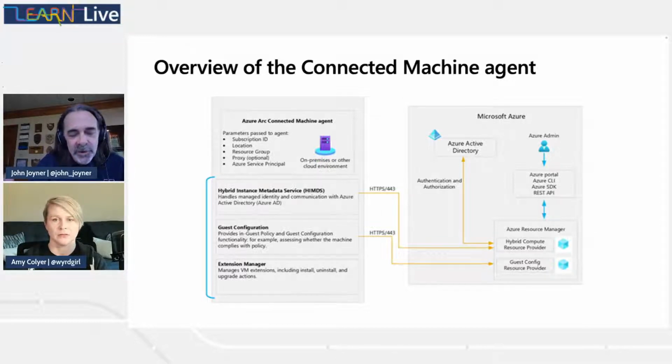And you can see that the instance metadata service is talking to one part of Azure, which is your Azure Resource Manager. That's where your Azure resource record is created, and then the other pieces are talking to the guest resource provider, that's saying, oh, you have an extension to install. You have a job to do. Go and install it.